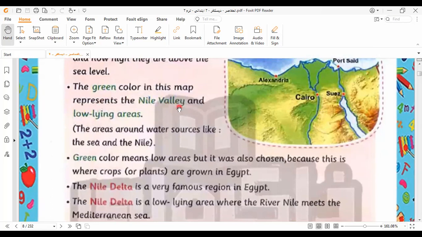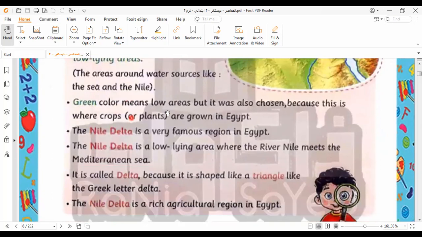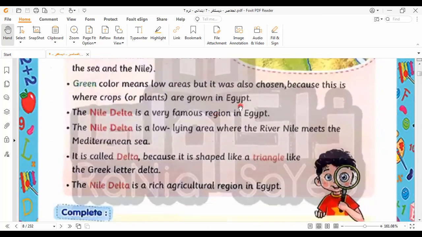Nile Valley in Arabic, Wadi Nil, low-lying areas. The areas around water sources like the sea and the Nile. Green color means low areas, but it has also been chosen because this is where crops or plants are growing in Egypt. Grown here means cultivated.